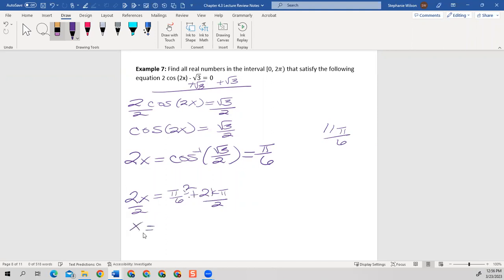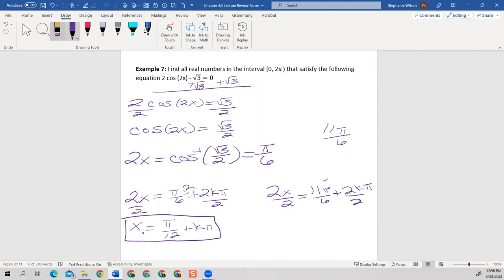So now I have pi over 12 plus k pi. All right, we're good with that. We need this right here. So we're going to find the exact values. Now let's do the same thing here. And then we're going to divide by the 2.